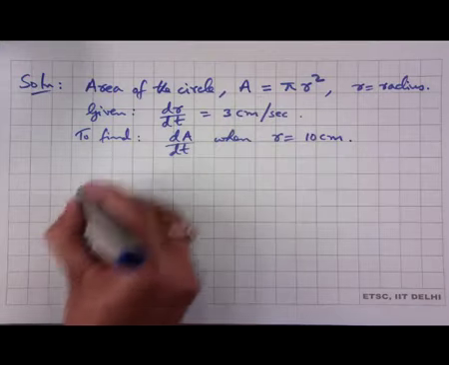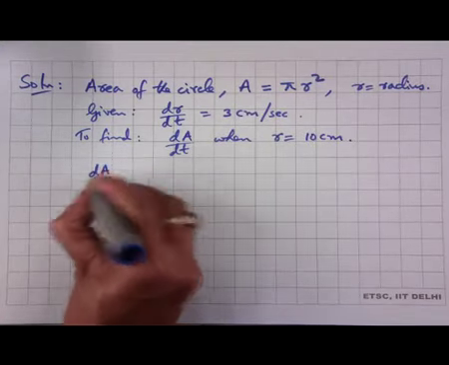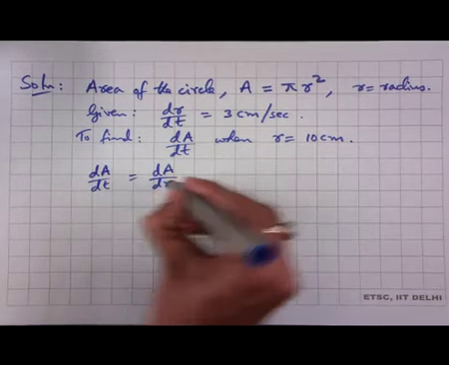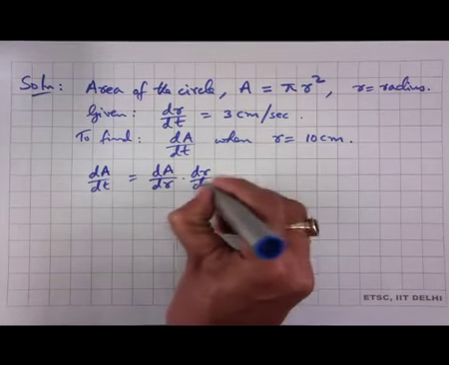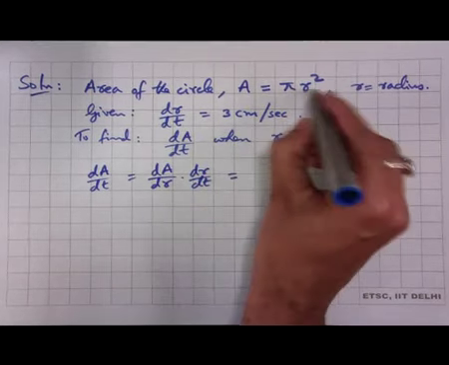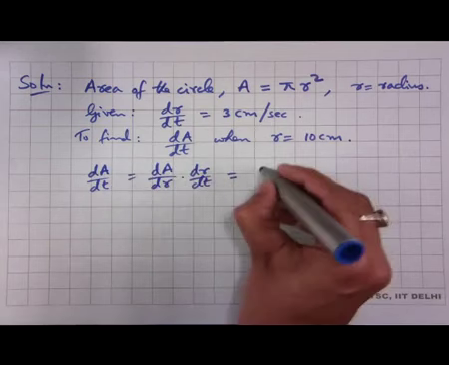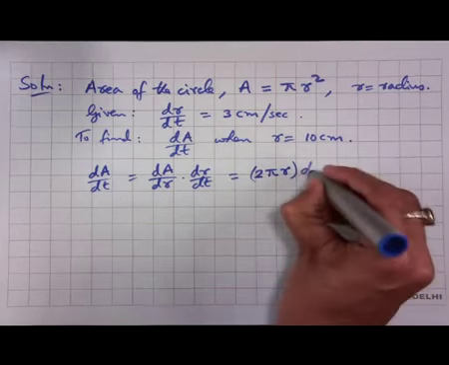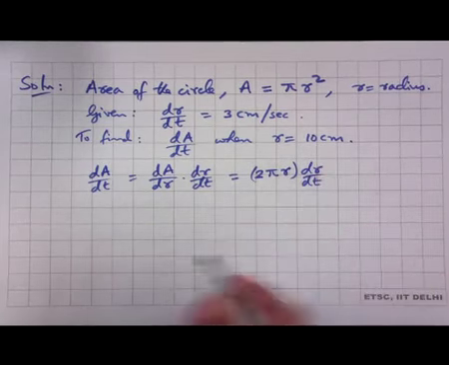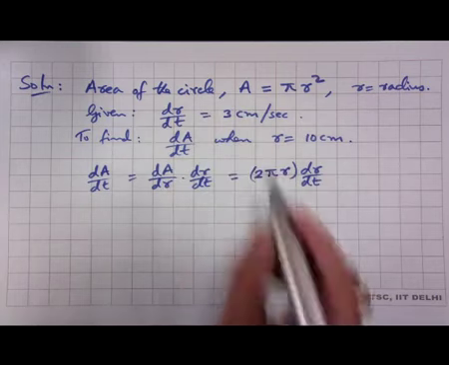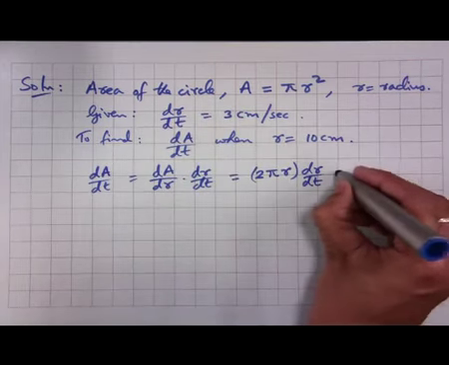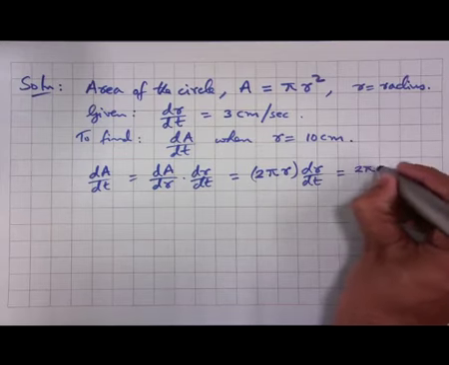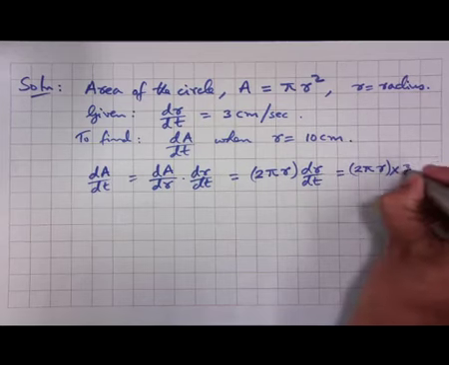So, we know that dA dt is equal to the derivative dA by dr times dr dt. A is given to be pi r squared. So, dA dr is 2 pi r times dr dt, and dr dt is given to be 3 centimeter per second. So, this is 2 pi r into 3 centimeter per second.